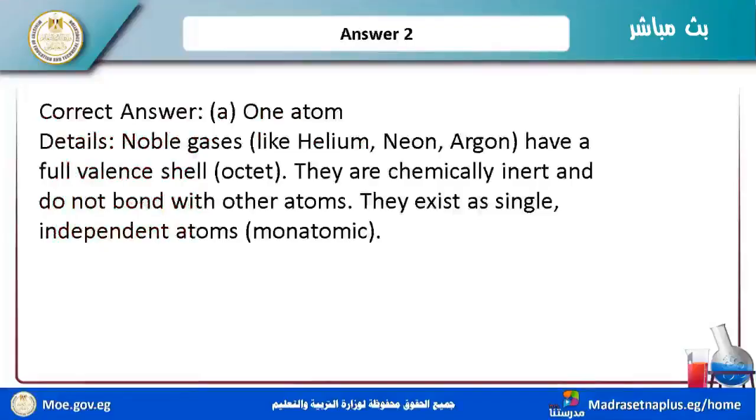The correct answer here is 1 atom because the noble gases like helium, neon, argon, krypton, xenon, and radon have a full valence shell. They are chemically inert and don't bond with another atom.